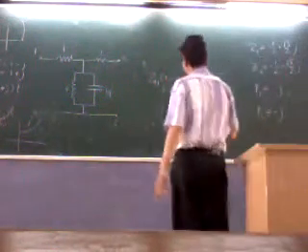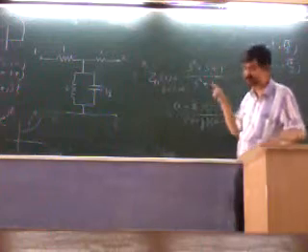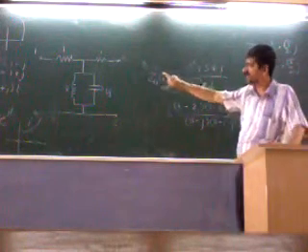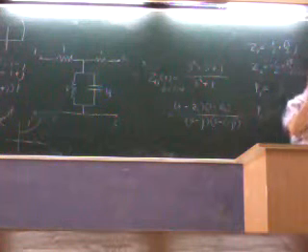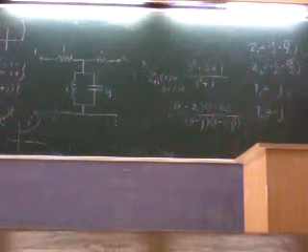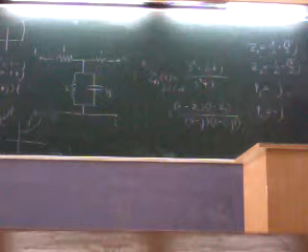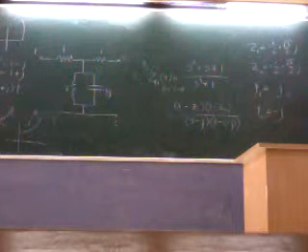So then, zeros and poles. Ultimately every network function is a function of S, a ratio of polynomials of S, that is numerator P(s) and denominator Q(s).